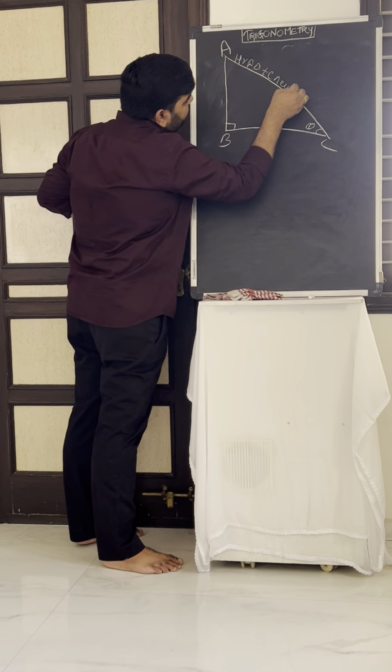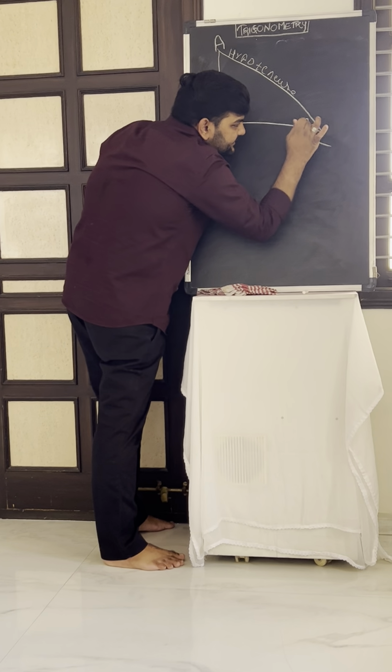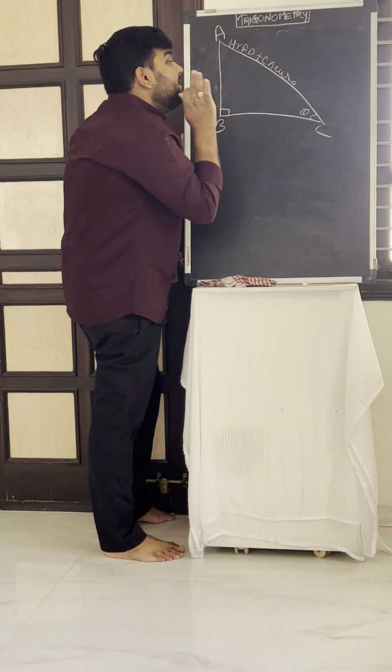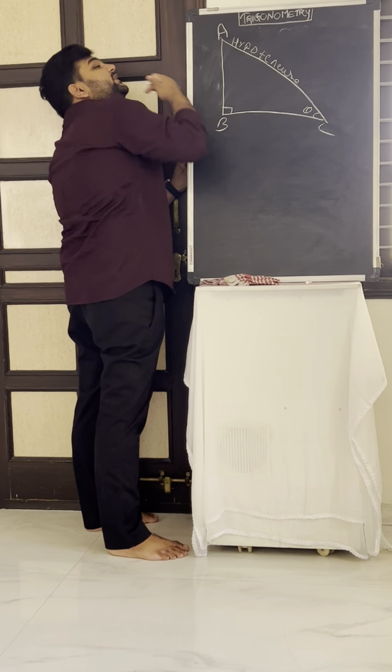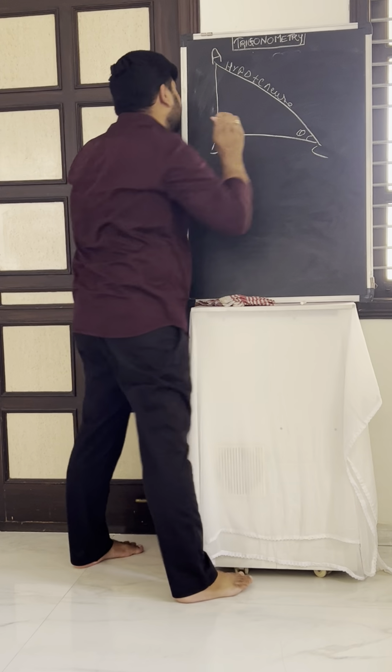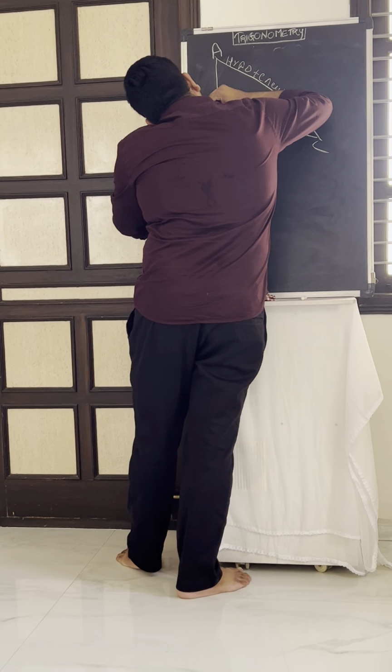Now understand this carefully. This angle is theta. The side opposite to the angle theta is called the opposite side. So this side is opposite to angle theta, so it will be called the opposite side.